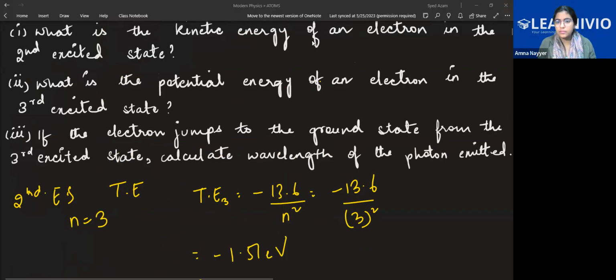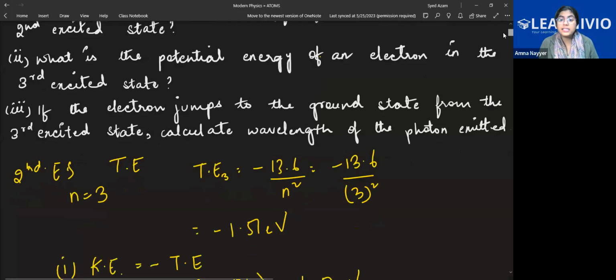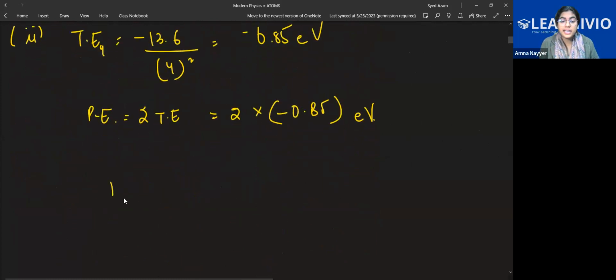Others also, please be very clear with the number of the state, because despite learning the formula, you will not be able to answer anything. So what is the final state now? It is coming back to 1. That is the final state. What would have been the initial state? The third excited state, that is 4.